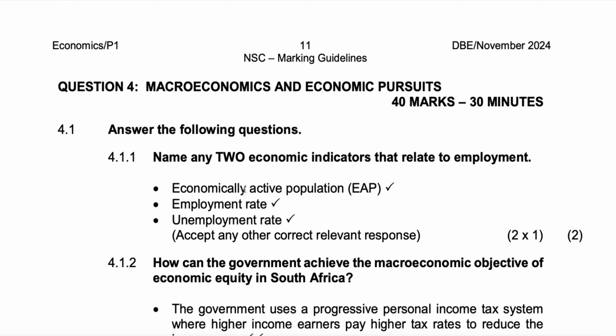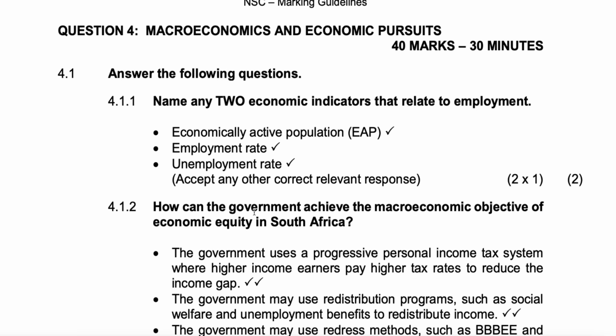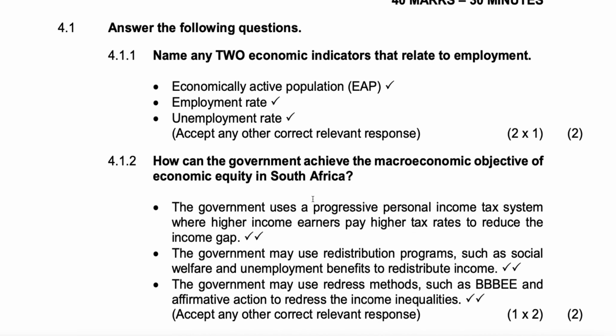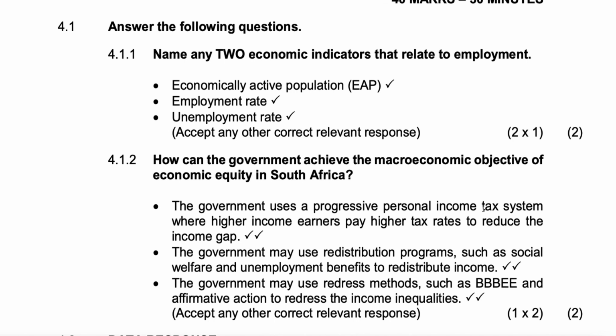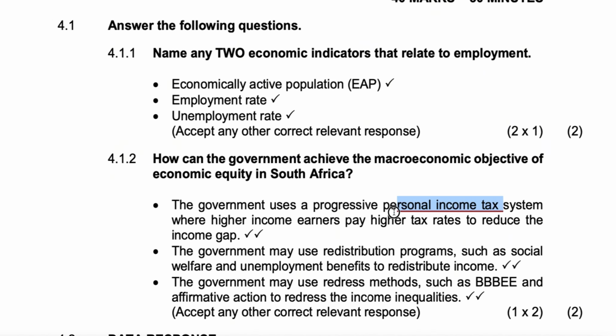Right, let's come here. Economic EAP, that's economically active population, employment rate and unemployment rate. Then how can achieve macroeconomic objective of equity? We said we can use a progressive income tax system. What is this? This is charging high income earners more tax than low income earners.